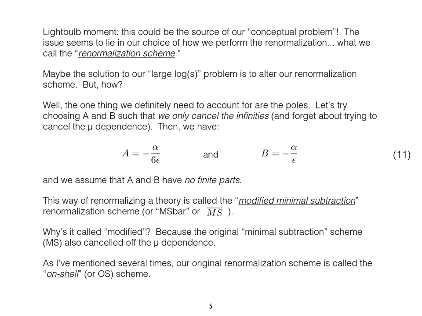So the modified one, MS bar, you just cancel off the poles. Nobody uses MS, everybody uses MS bar, okay? The renormalization scheme that we used before is called, in the business, the on-shell scheme, okay?